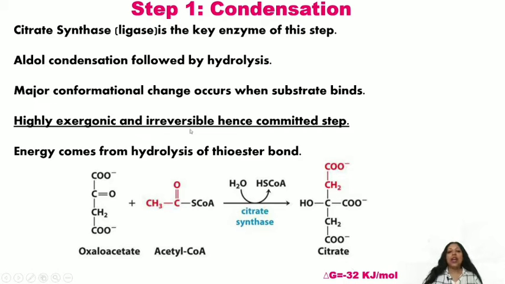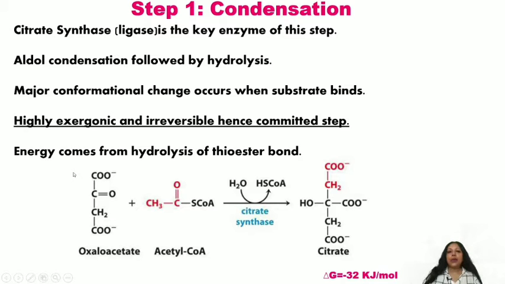Since it is highly exergonic and irreversible, this is a committed step, because if the product is formed, you cannot go back, because this is an irreversible reaction. Why is it irreversible? Because delta G is large negative, correct? So we have understood these 3 terms with respect to this enzyme.